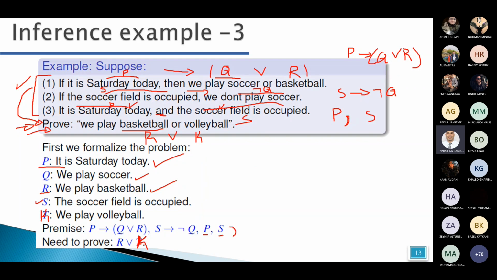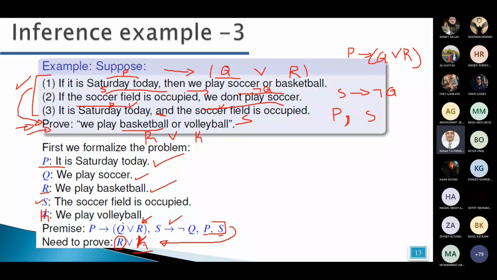Okay, let's go to the proof. From these statements, we have to get this conclusion. If you look at these statements, we don't have K in the premises. So we don't care about K, because using OR we can connect with anything. The most important thing is that we have to get R. To get R, it's here only.